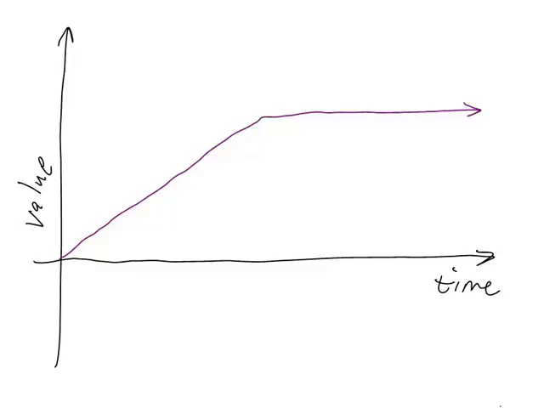The first thing we need to do is recognize that this input is the sum of two other inputs. This input is the sum of a typical ramp input like this one plus a second ramp input that looks like this one.